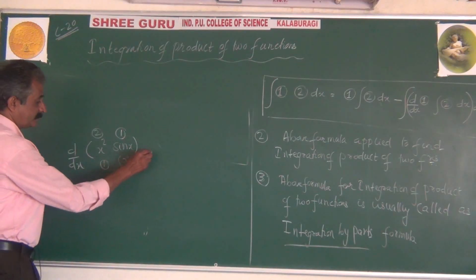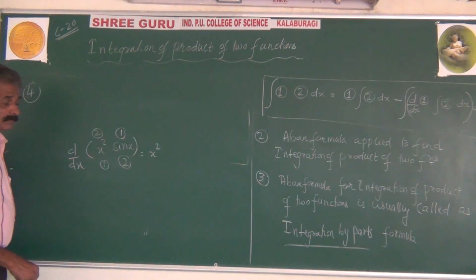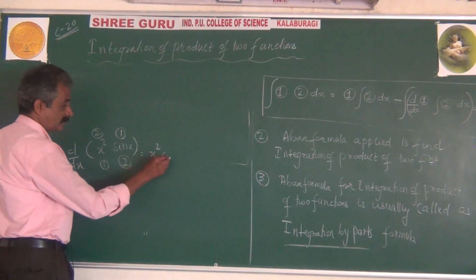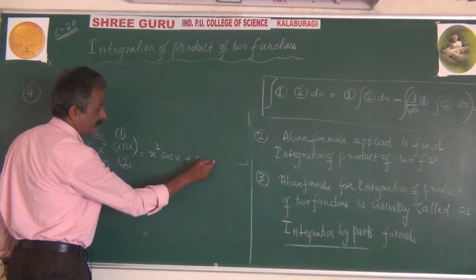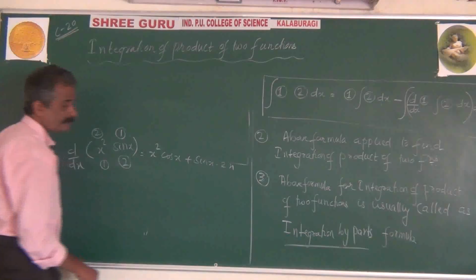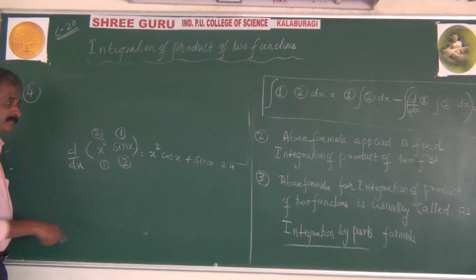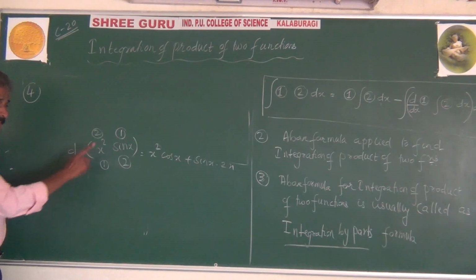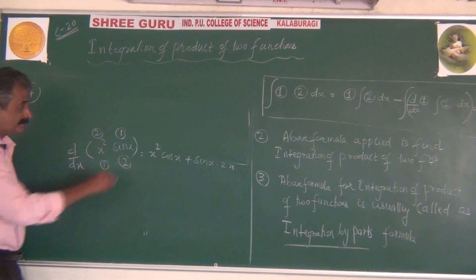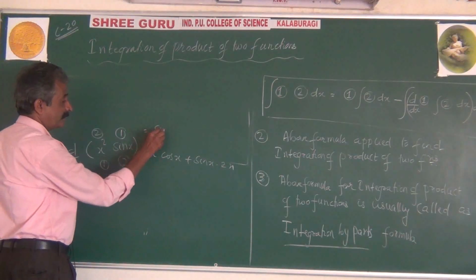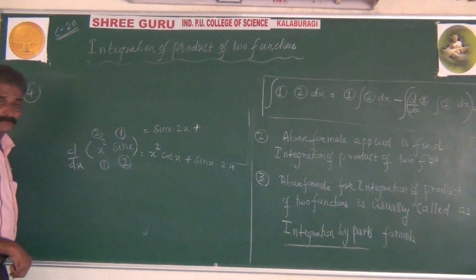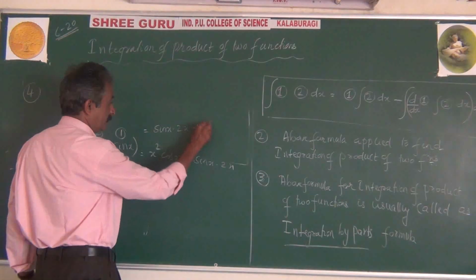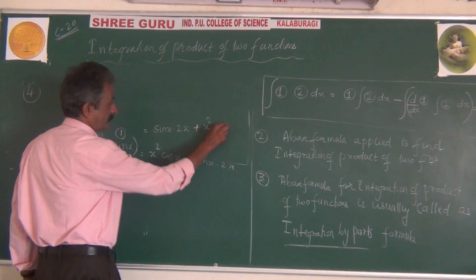Say first function x square into differentiation of sin x, which is cos x, plus second function sin x into differentiation of x square, which is 2x. Or if we choose first function sin x, second function x square, let's see: first function sin x as it is into differentiation of x square, 2x, plus second function x square into differentiation of sin x, which is cos x.